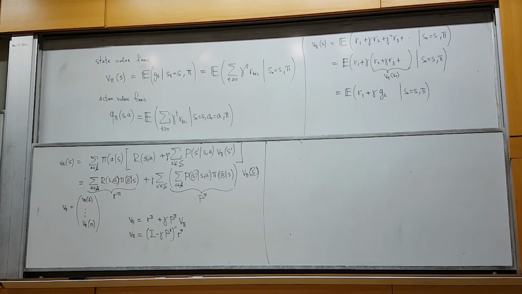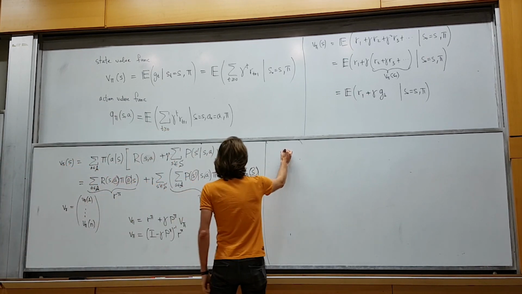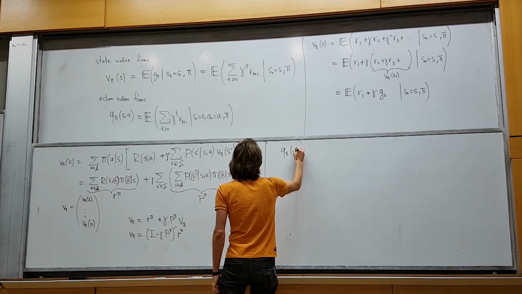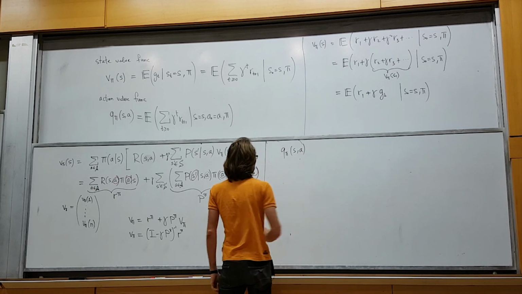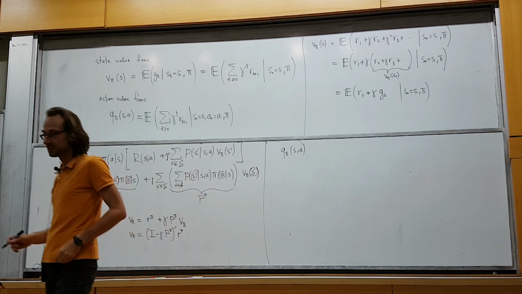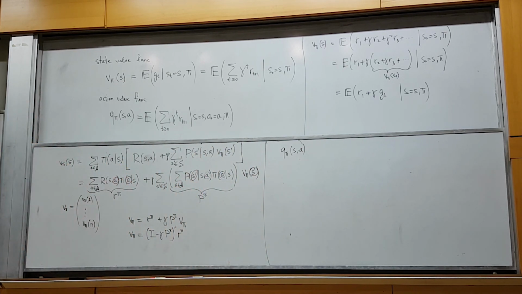We can do exactly the same thing with the action value function, Q pi. Let me just write the final result. This is the value function of starting with state S, performing an action A, and then running the policy.